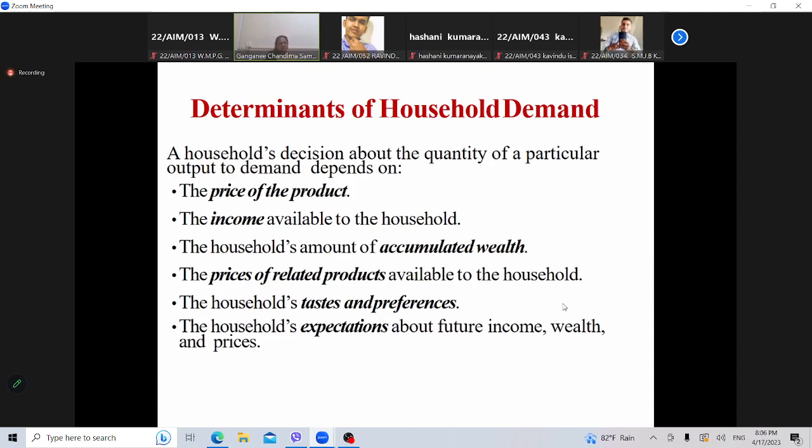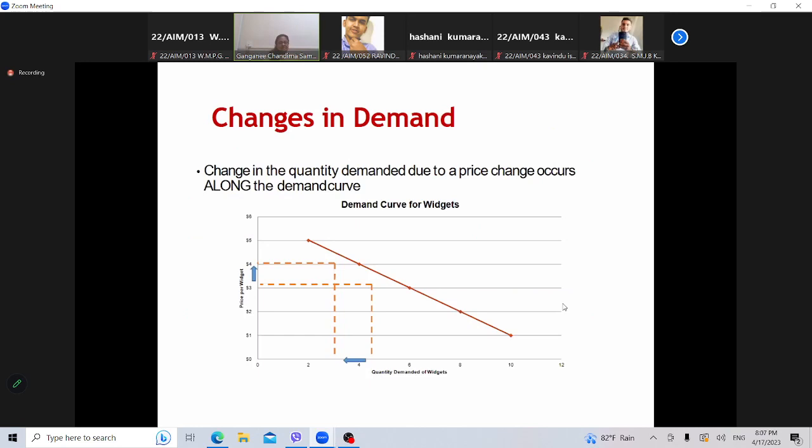Sometimes they may be complementary goods, sometimes substitutes. Okay, so we will discuss this afterwards. Then the household's taste and preferences. Based on their taste and preferences, they buy things. If they don't like, they will not buy. Okay. Then households' expectations about future income and wealth. So these are the main determinants of household demand.